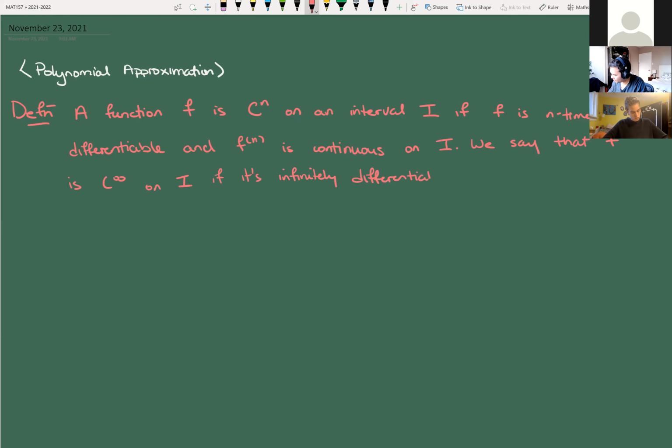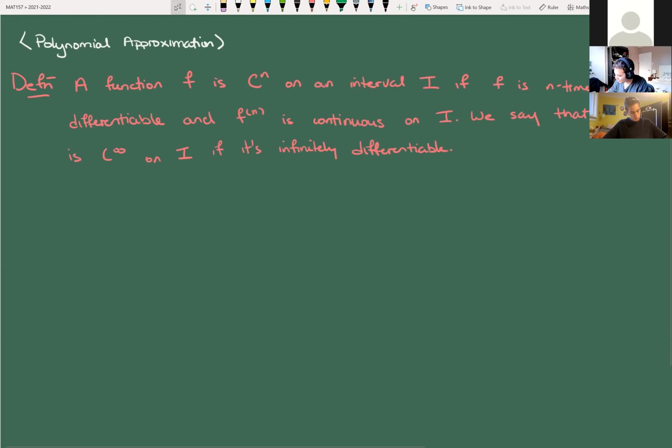And again, if you're infinitely differentiable, you don't need to worry about a continuity statement, because you can guarantee that all of your derivatives are continuous. Because if you want to know if the 10th derivative is continuous, you say, oh, well, look, I can differentiate the function 11 times, so the 10th derivative must be continuous. That's the idea there.